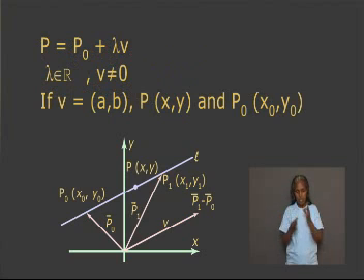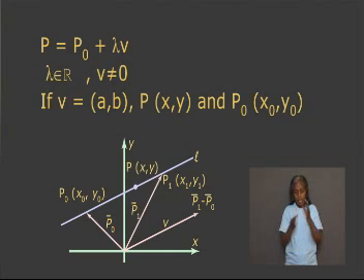If a direction vector V and a point P are given, the vector equation of the line they determine is expressed this way. The scalar is a real number, and V cannot equal 0.